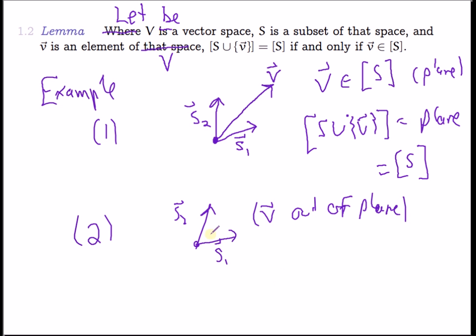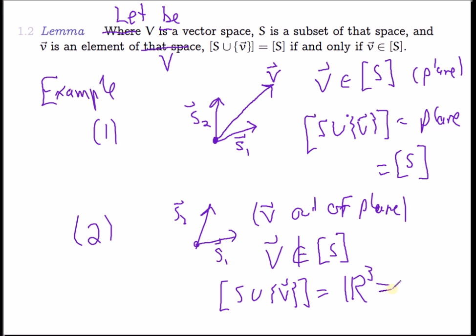Now, since v is out of the plane, v is not in the span of S. And we'll see a little bit later that the span of S union v is also bigger than the span of S. In fact, the span of S union v will be all of space.